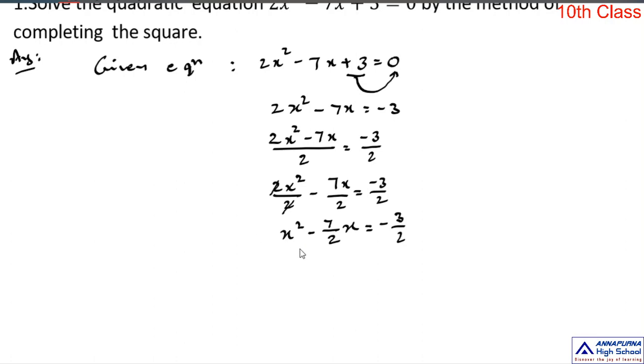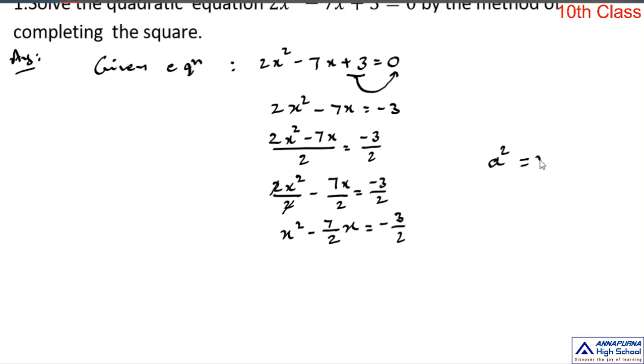In the resulting equation on the left side, we have two terms. What are the two terms? The x square term and the x term. Now in these two terms, you can treat the first term as a square. Remember this is the x square term, the highest degree term, and we treat this x square as a square.